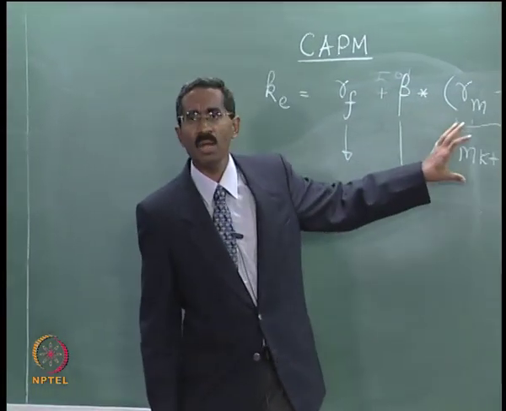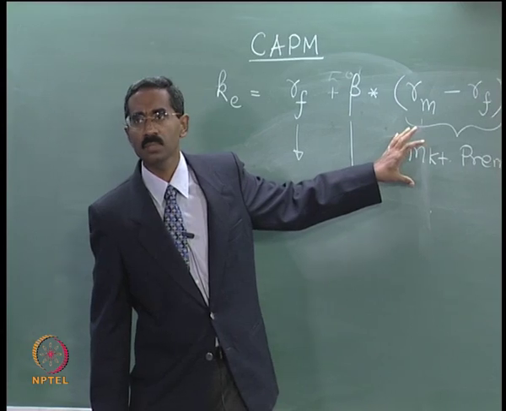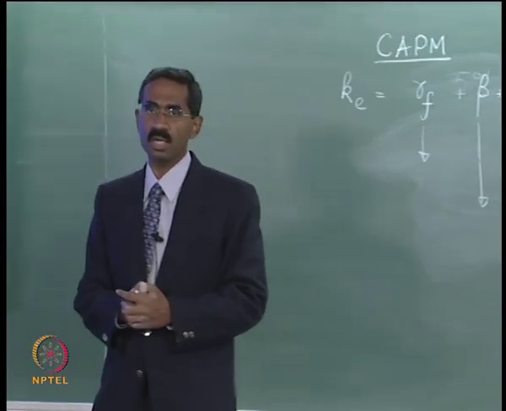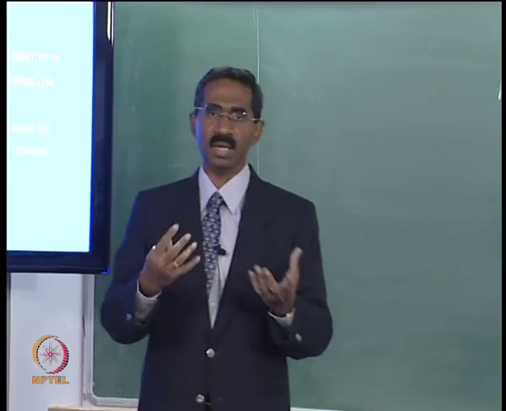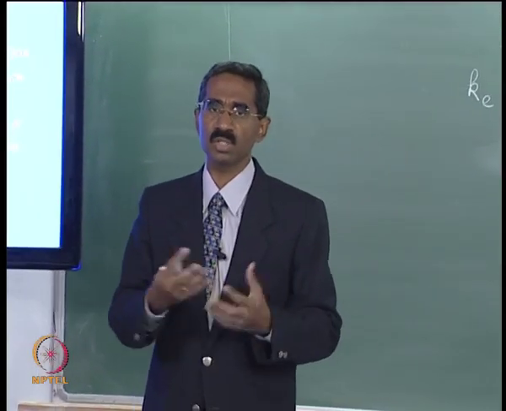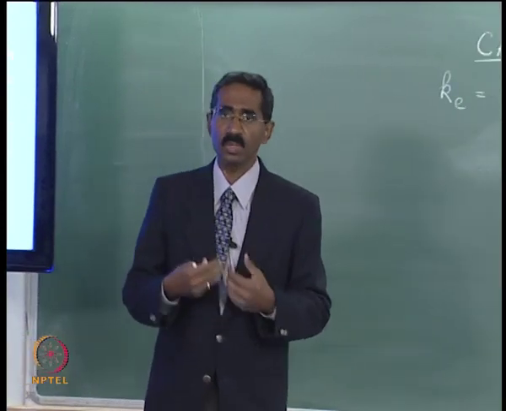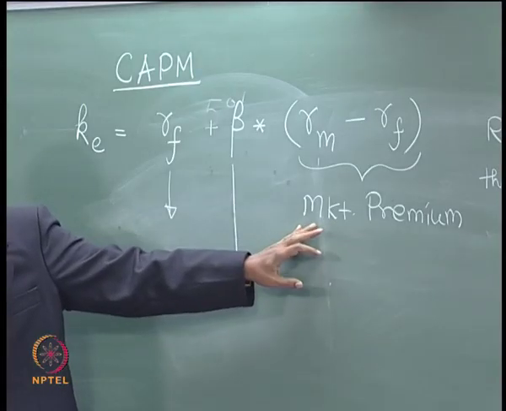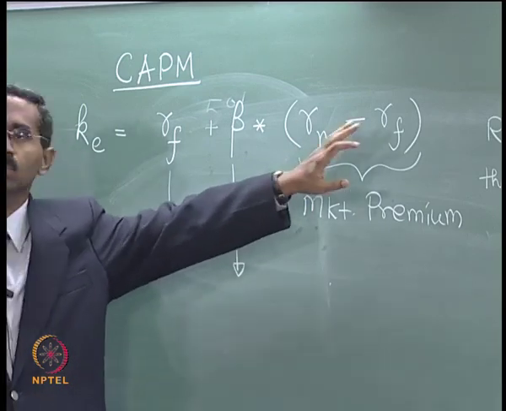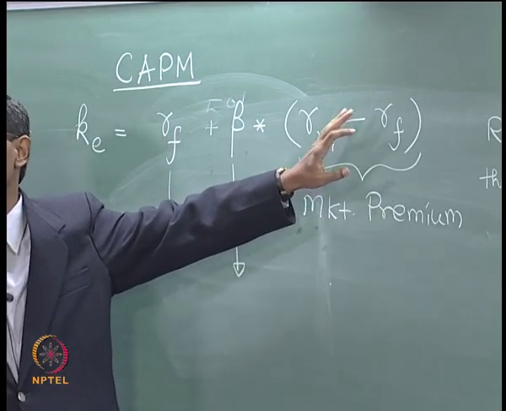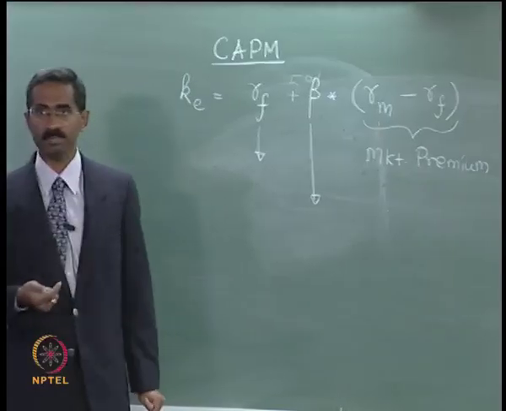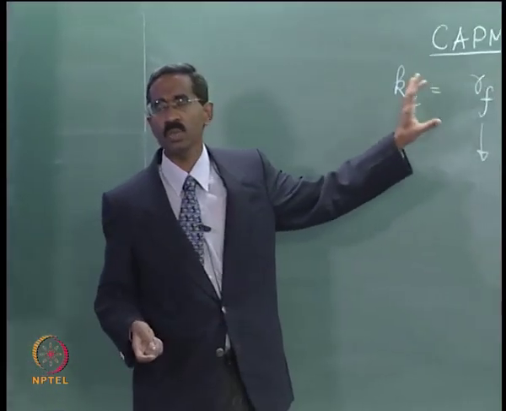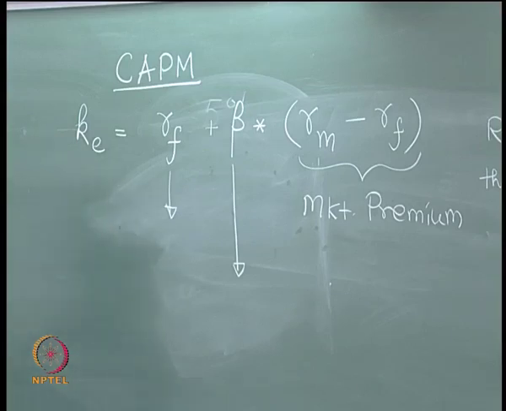You have a risk free rate of return. How much more are you able to get by investing in the market, because investing in the market carries a certain amount of risk as compared to an instrument that offers riskless return? So how much premium does the market give as compared to the risk free instrument? That is your market premium. We simply use this expression to calculate your cost of equity capital.